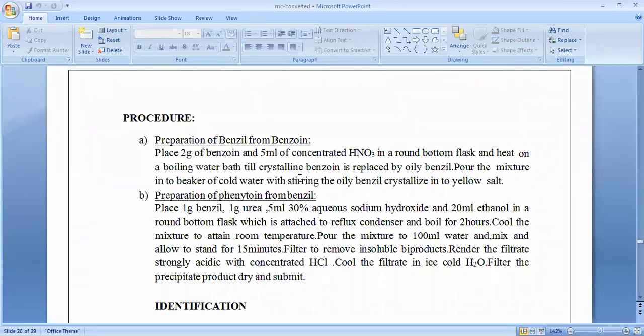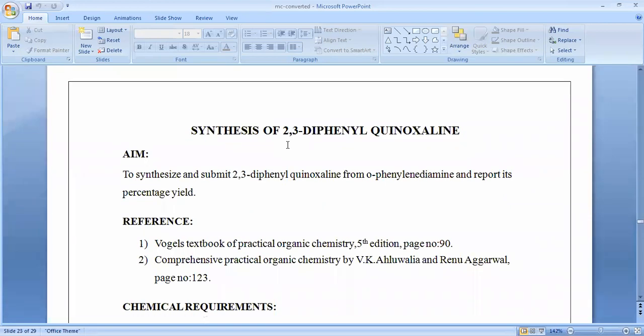Now, what will be the procedure for synthesis of phenytoin? Phenytoin is synthesized from benzil and urea. Just now we have seen the reaction.